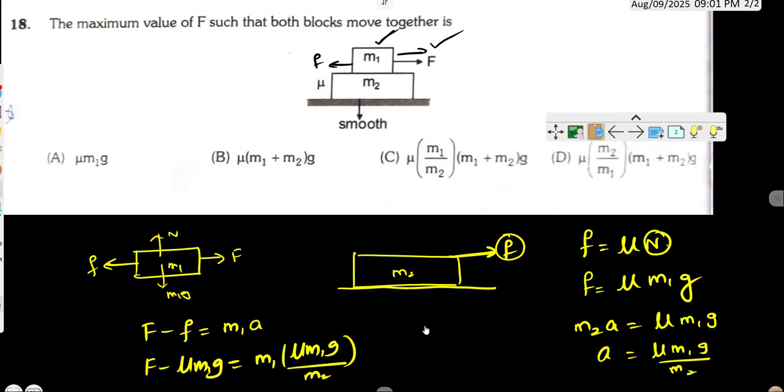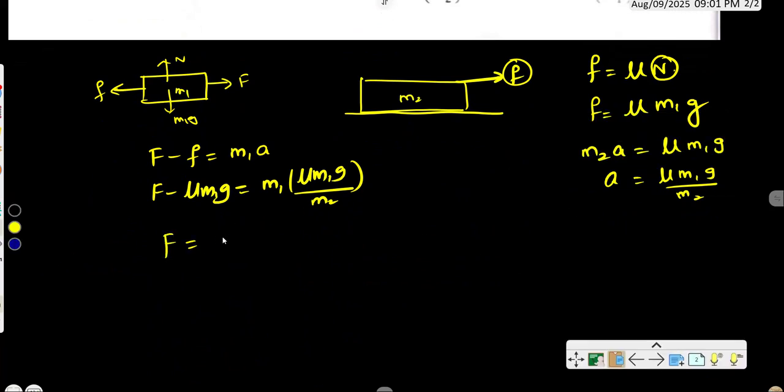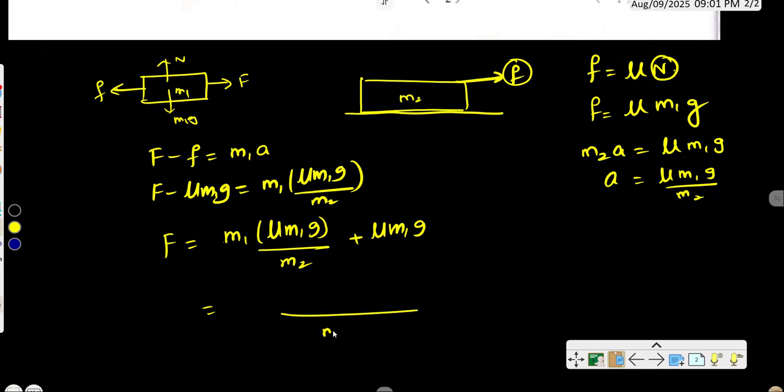Now let us send this mu M1 g to that side. So F is equal to M1 into mu M1 g by M2 plus mu M1 g. If I take the LCM, the LCM would be M2: M1 mu M1 g plus mu M1 g into M2.